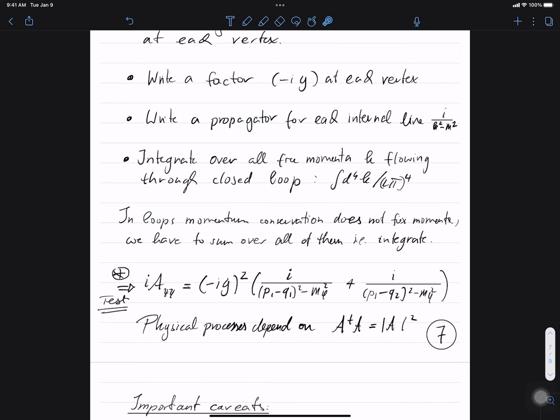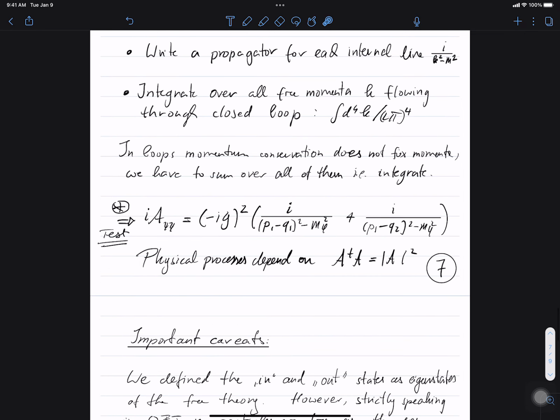We write a propagator for each internal line, without the integral, just the momentum space representation, i divided by k squared minus m squared, where m is the mass of the propagating particles. And now we also integrate over all free momenta k flowing through closed loops with an appropriate d^4k over (2π)^4 integral. We will discuss loops in a second, but I just want to mention that loop momenta are not fixed by external momentum conservation, and so we have to sum over all momenta by doing the integral.